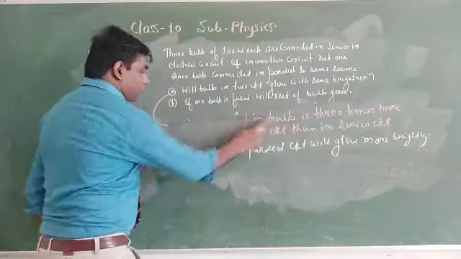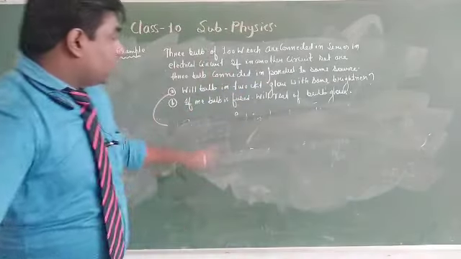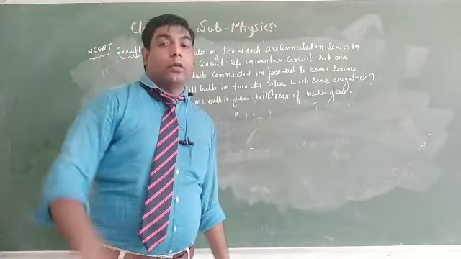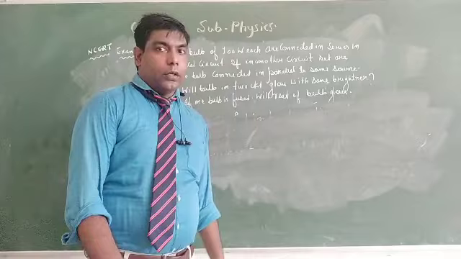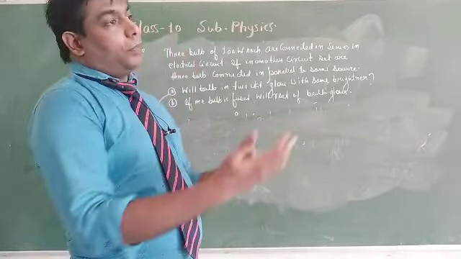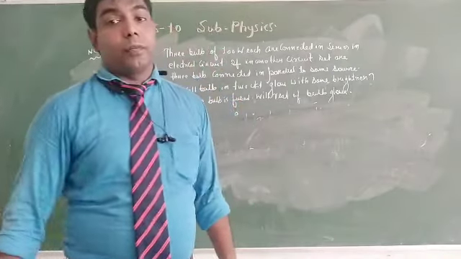Second, you know, in series, if one bulb is fused, then the remaining bulbs will not glow. But in a parallel circuit, if one bulb is fused, then the other bulbs will glow with the same brightness. Because this is the advantage of a parallel circuit.